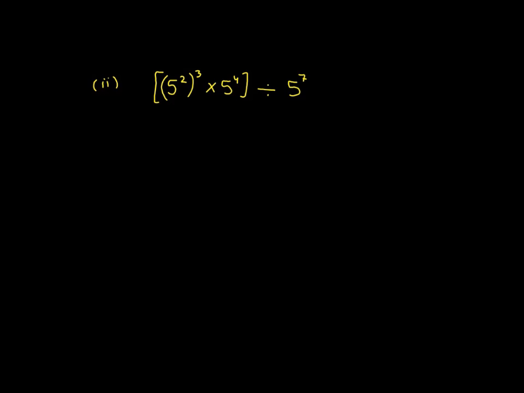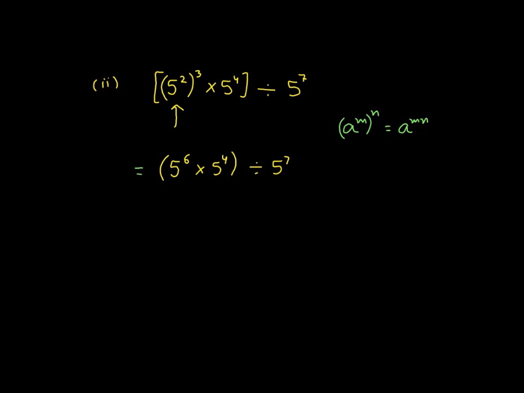Now here we will be using 3 different laws of exponents. First of all, we will simplify this. 5 raised to power 2 raised to power 3 means 5 raised to power 2 into 3, that is 6. By using the law of power of power, a raised to power m then raised to power n is a raised to power mn.